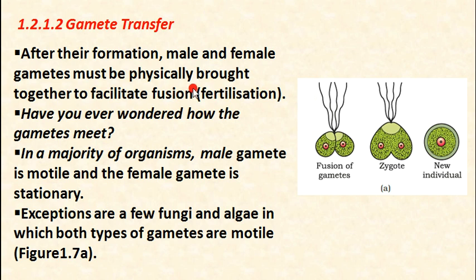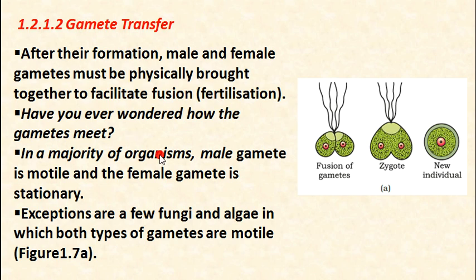They have to come together and fuse, which leads to fertilization. That's why gamete transfer is important for fertilization. Now, have you ever wondered how the gametes meet? You have to think about that.